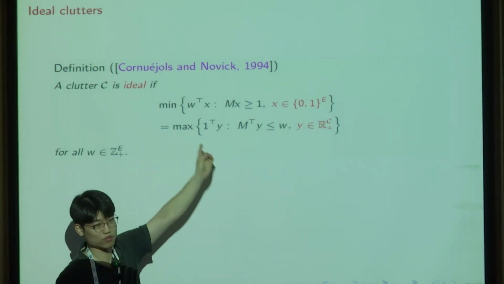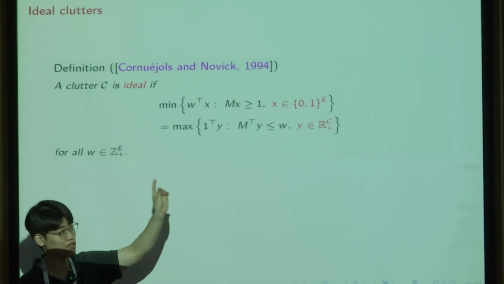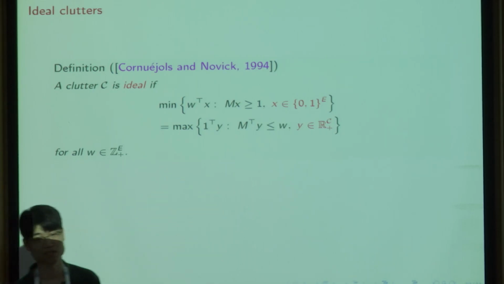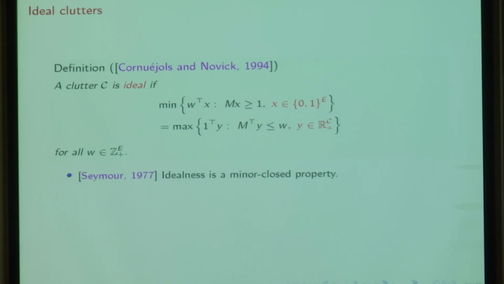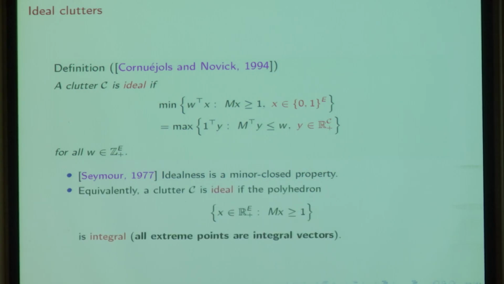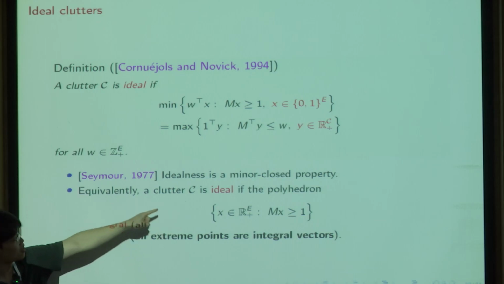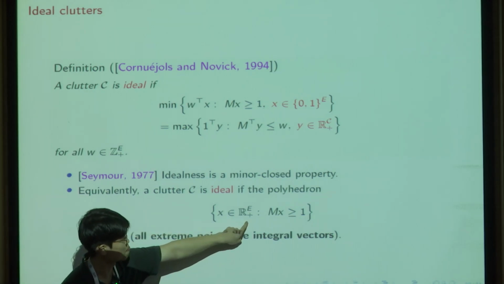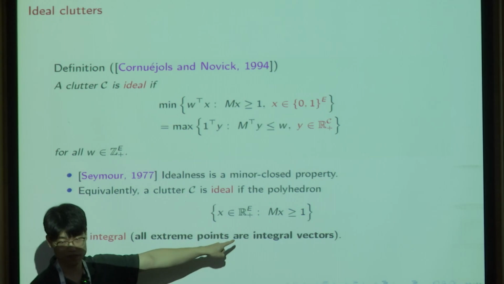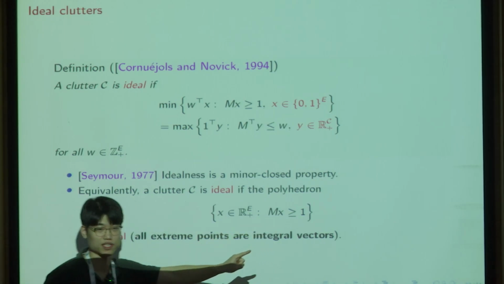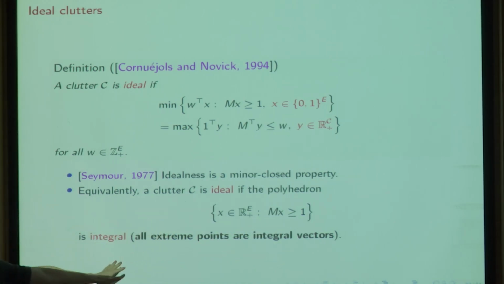The primal linear program has an optimal solution that is integral. This is why idealness is primal integrality. Equivalently, a clutter is ideal if you take the non-negativity constraints and these covering constraints, then this thing defines an integral polyhedron.